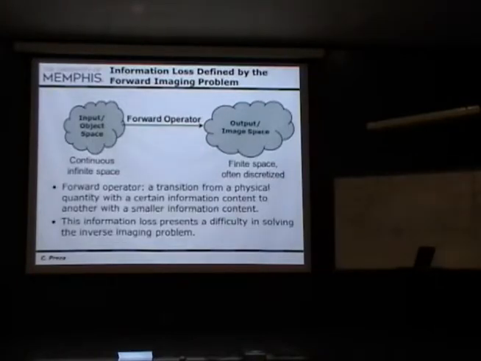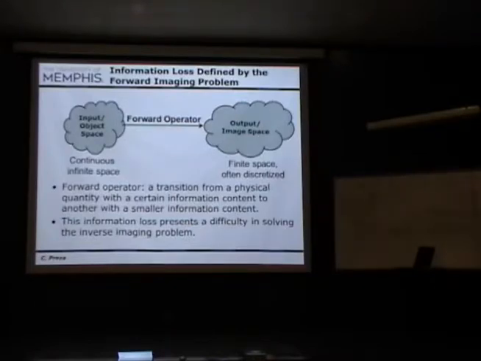So clearly, this transition from the continuous infinite domain to a finite discretized domain implies a loss of information, right? It's obvious that we're going from a quantity with a certain amount of information to one that has smaller information content.